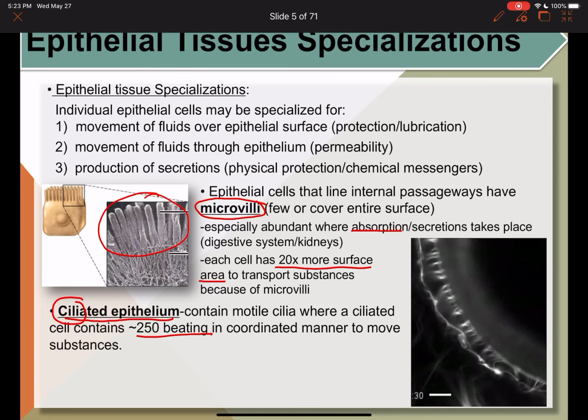For example, you'll see this piece of gunk right here move from the bottom of the cell to the top of that organ or tissue with these ciliated epithelium. So here's that gunk.